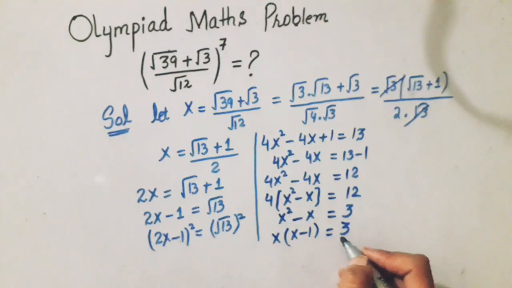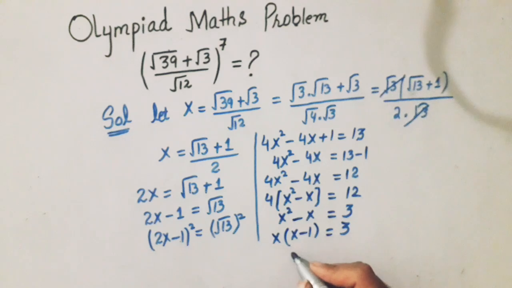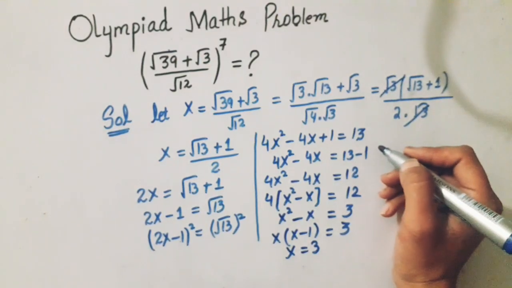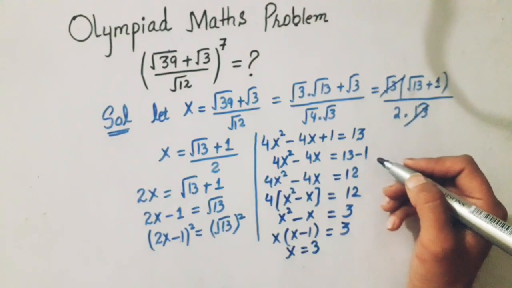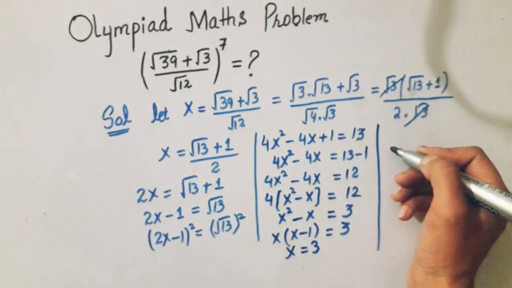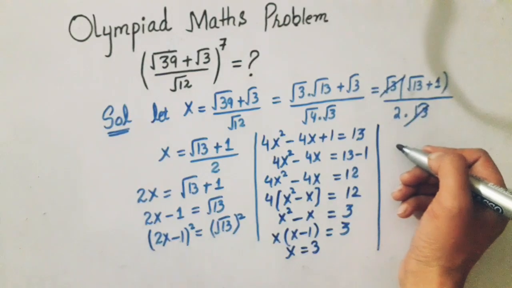Now we will consider this, we will take two values, x equals 3 and x equals 2. So x equals 3. Now we will substitute the value of x, that is, we get the value of x that is 3.